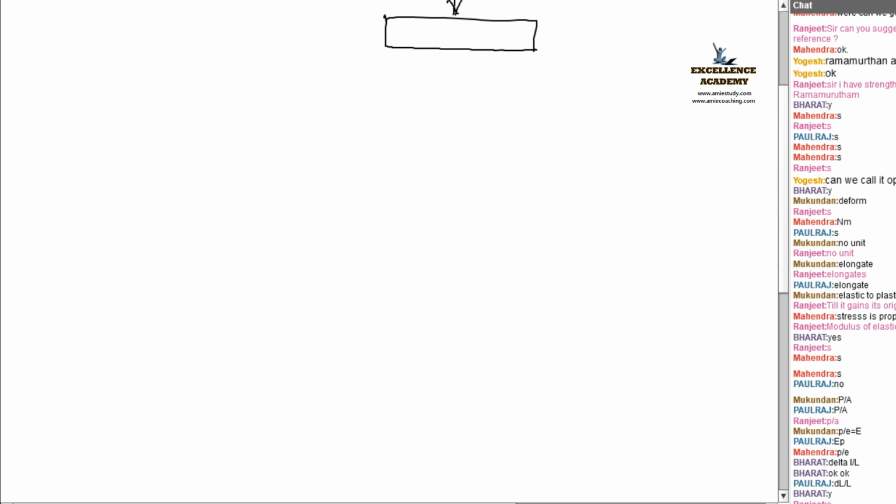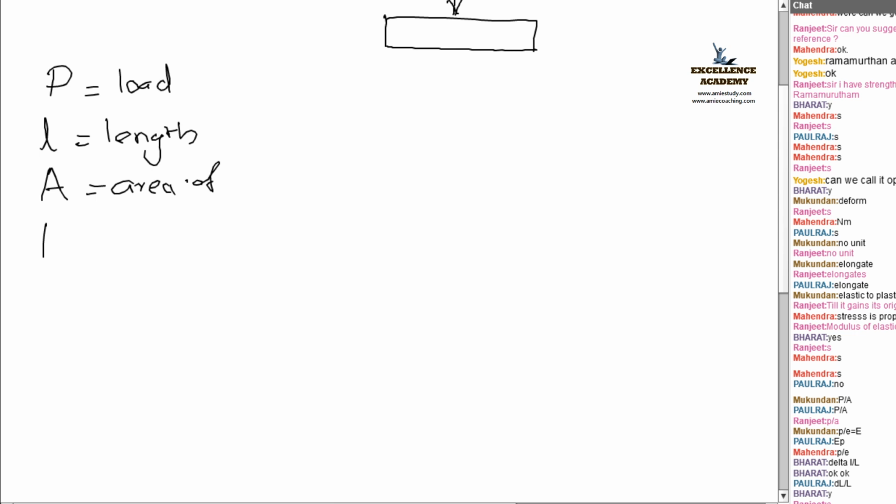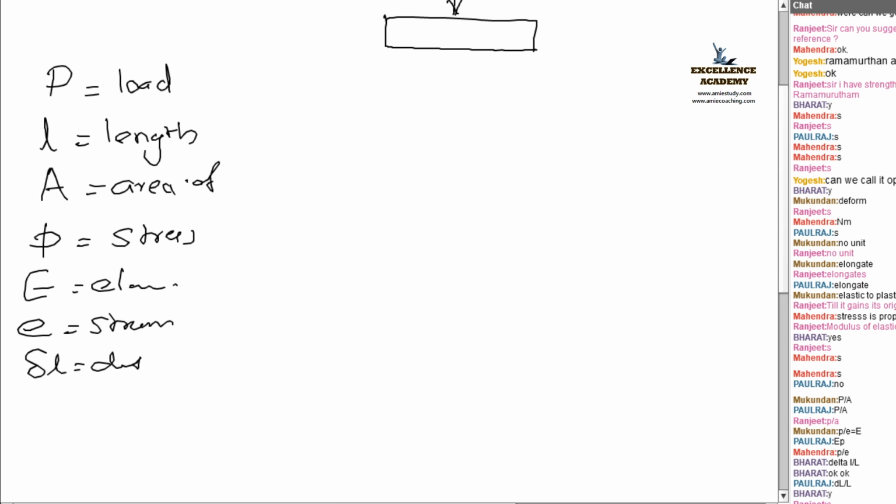Say capital P is the load acting on the body, L is the length of the body, A is the area of cross section of the body, small p is the stress, capital E is the Young's modulus of elasticity, small e is the strain, and delta L is the deformation.